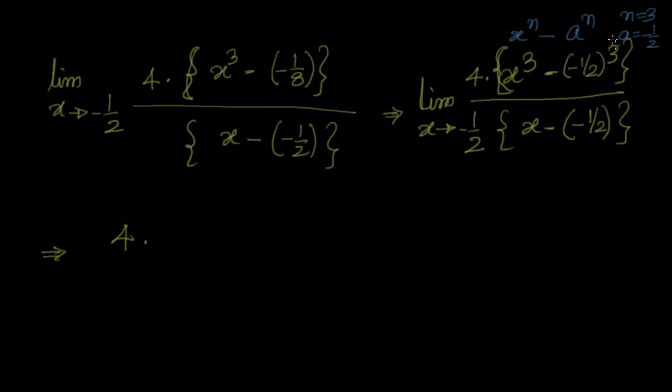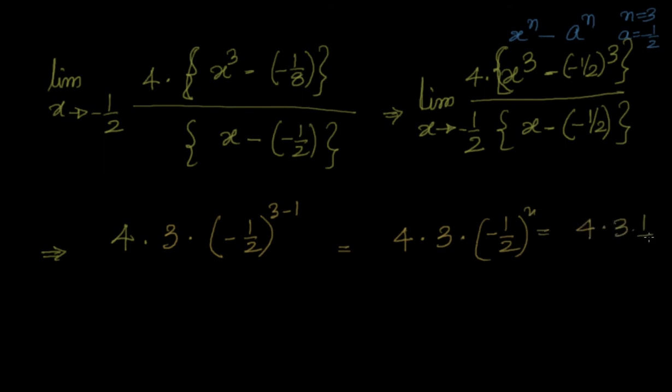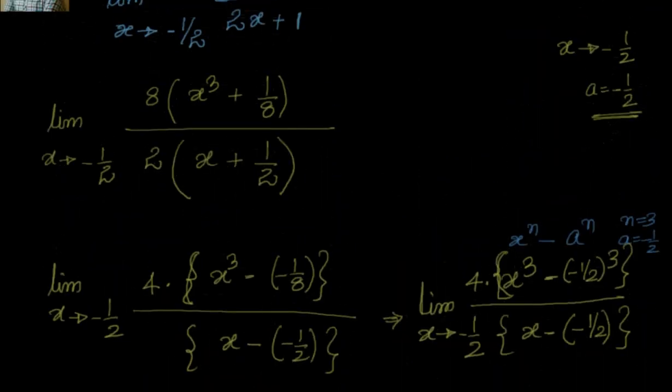We will have 4 into n into a to the power of n minus 1, that is 4 into 3 into minus 1 by 2 whole to the power of 3 minus 1. If I simplify that, that's nothing but 4 into 3 into minus 1 by 2 whole square, that's equal to 4 into 3 into 1 by 4, which is nothing but equal to 3. So the answer for this is nothing but equal to 3.